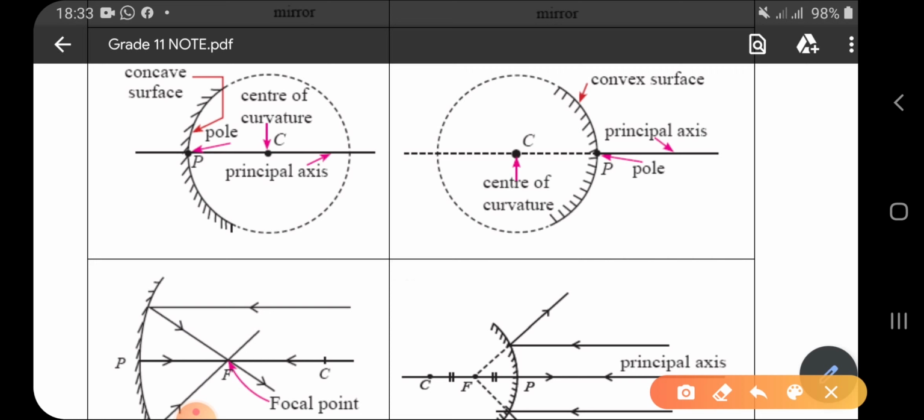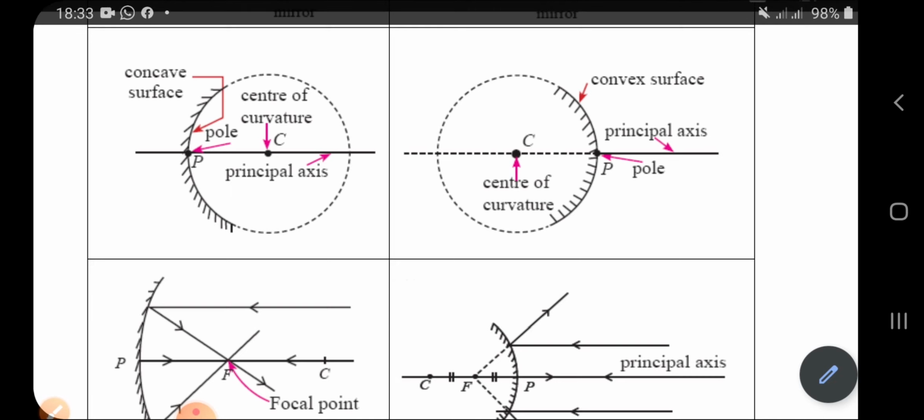As you can see, the principal axis joins the center of the curvature and it forms the diameter of this sphere, right? So pole is the place where the principal axis meets the concave surface, right?